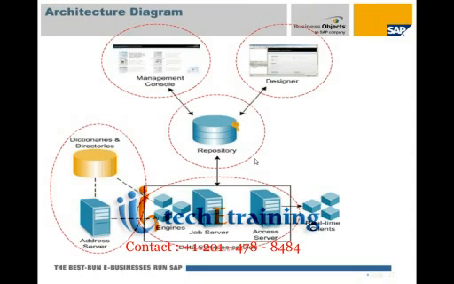Now, the first connection between your repository and the Data Services service, or your job server: if you look at the Data Services service, you have three smaller servers there. One is the job server, the access server, and the engines. The job server is the one which will handle your batch jobs. So any movement of data or scheduling of jobs and how these should run, the job server is able to handle that.